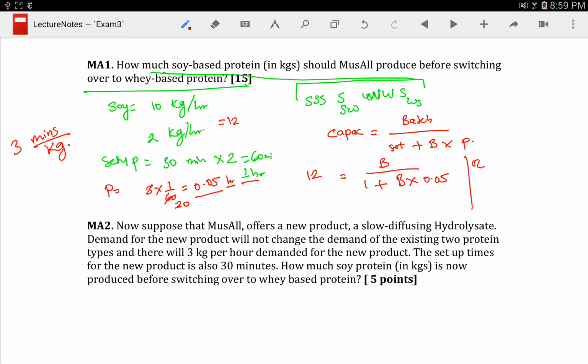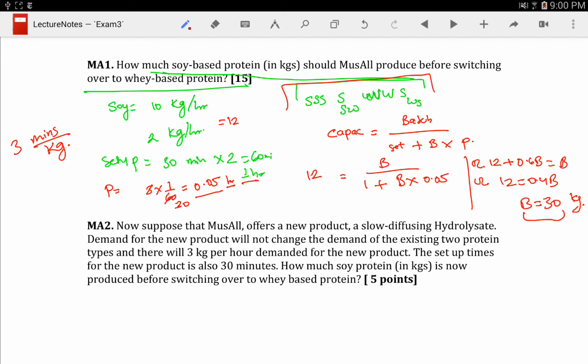Cross multiplication gives 12 plus 12 times 0.05, which is 0.6, times B, equals B. So 12 equals 0.4B, or B equals 12 divided by 0.4, which gives 30. So our batch size, this whole thing, has to be 30 kilograms.